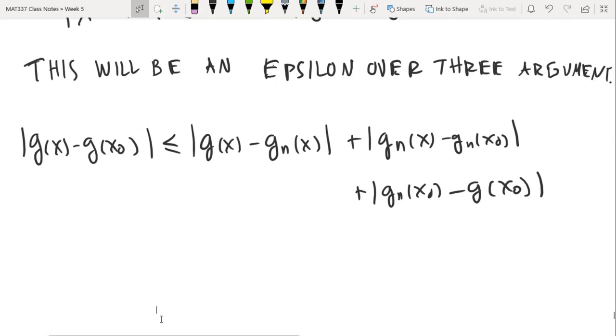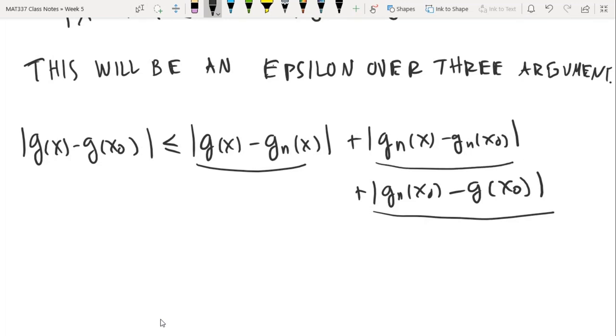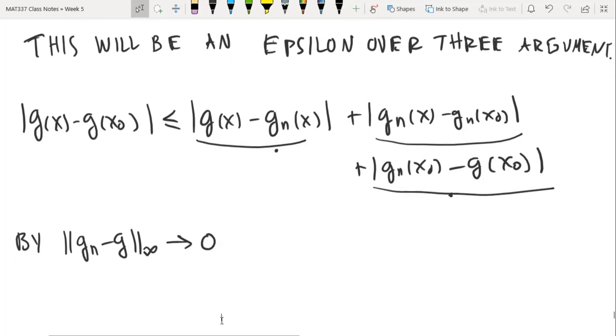All right, so we have to control each of these pieces. These two are easy. So let's start from them. By g_n going to g in the sup norm, we have the following.